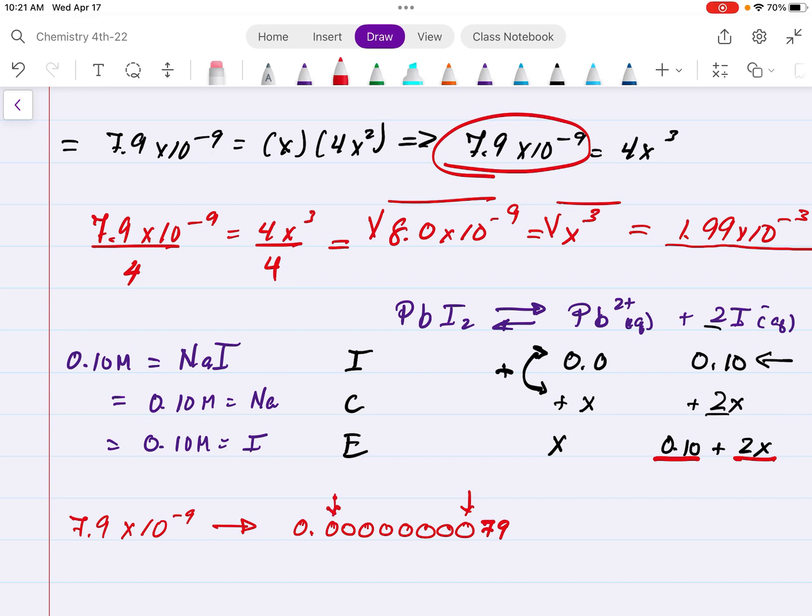Because the 2x changes are happening way, way down in the zeros, it's a really, really small amount. So we can neglect this. This is negligible because the amount that it's going to affect this number is very, very small, and it's going to be beyond our level of precision, right?